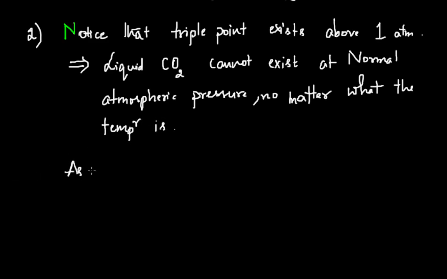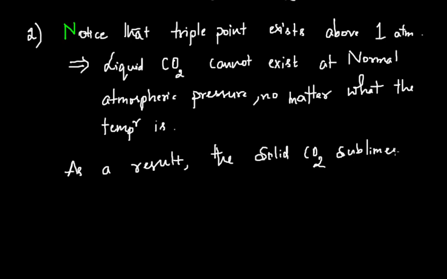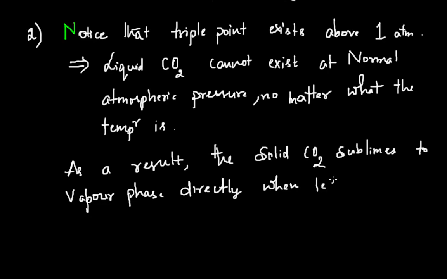As a result, the solid CO2 sublimes to vapor directly, without going through the liquid phase, when left in the open. That is why the name dry ice is given for carbon dioxide.